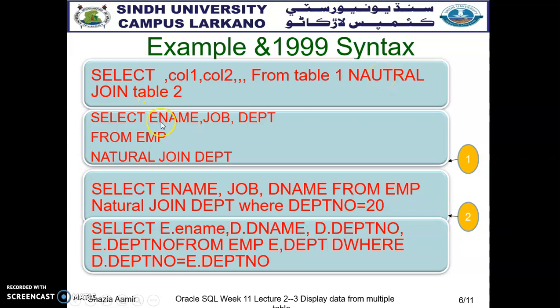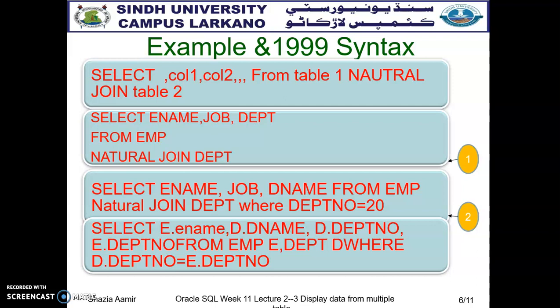The second query is select ename, job and department number from employee and join it with the department table. The third query is to select ename, job and department name from the employee table and natural join department where department number is equal to 20.